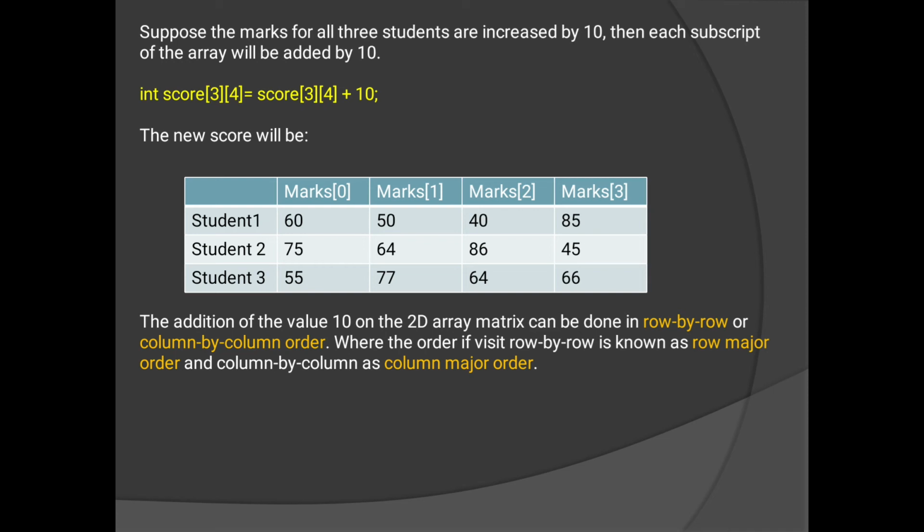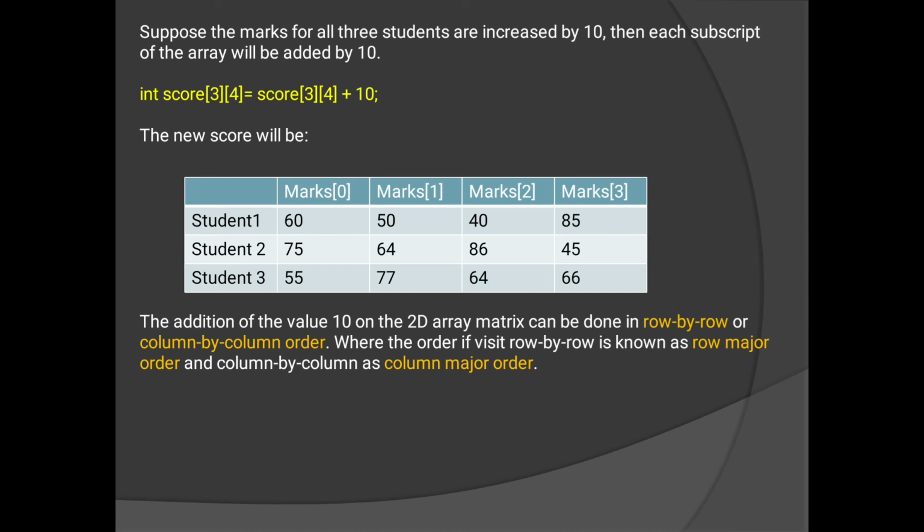Now this addition of the value 10 on the two-dimensional array matrix can be done either in row by row format or column by column order. So you can first add the value 10 row wise, according to the first row, second row, third row, or you can add it according to the first column, second column, third column, fourth column, like that.